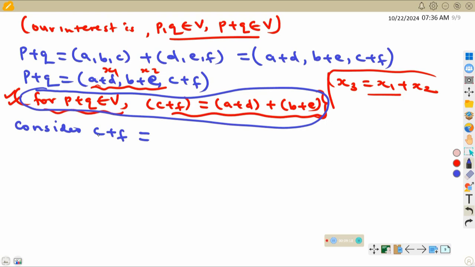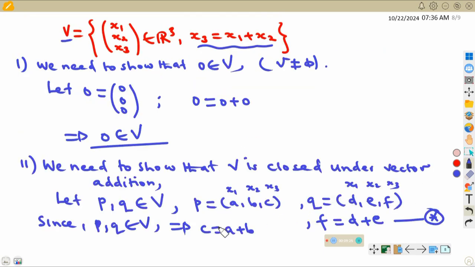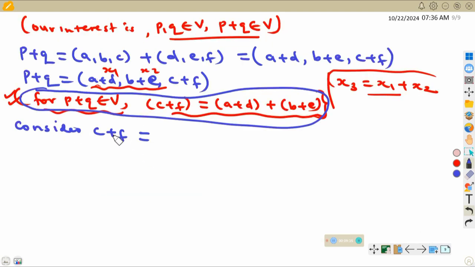We have already seen that C is A plus B, and F is D plus E. So from equation star, we can easily get C and F.